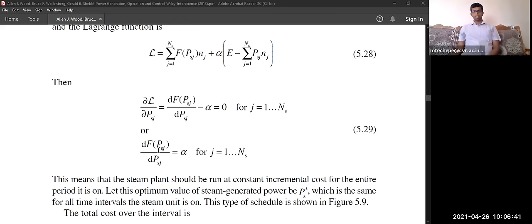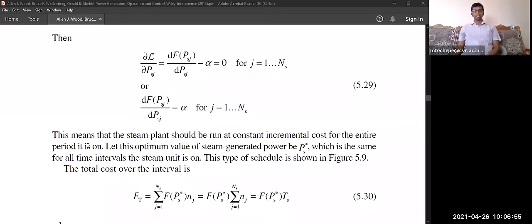That is df of PSj divided by dPSj is equal to alpha, for j is 1 to ns. This means that the steam power plant should be run at constant incremental cost for the entire period it is on.